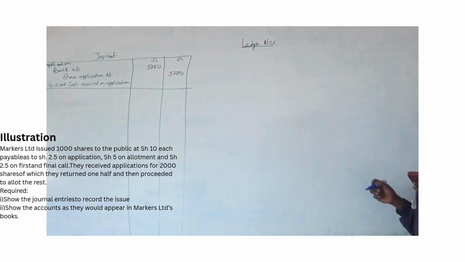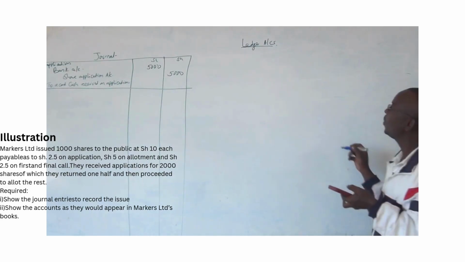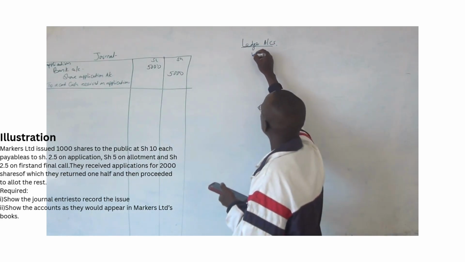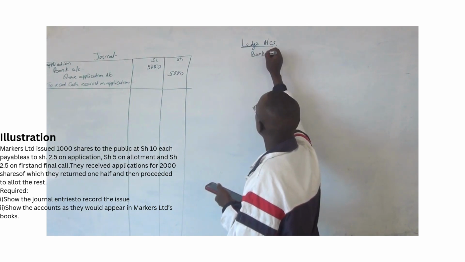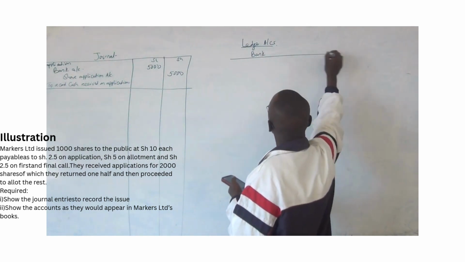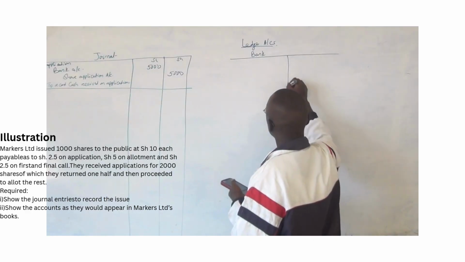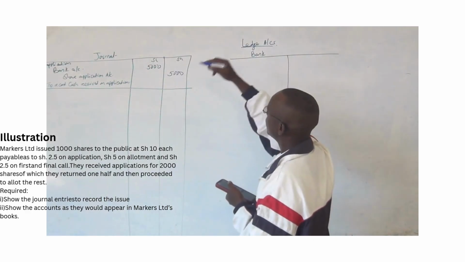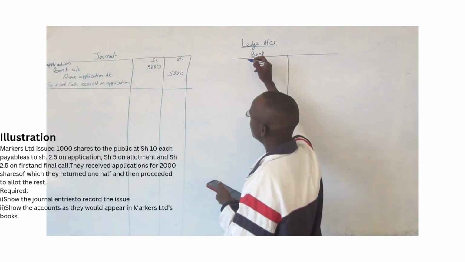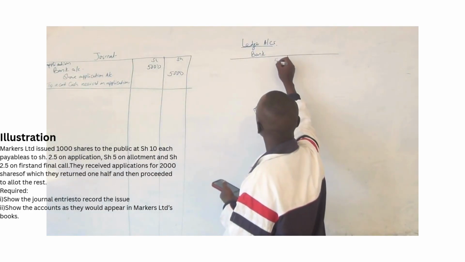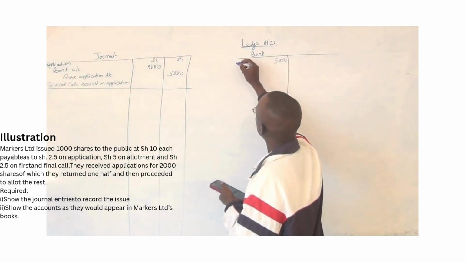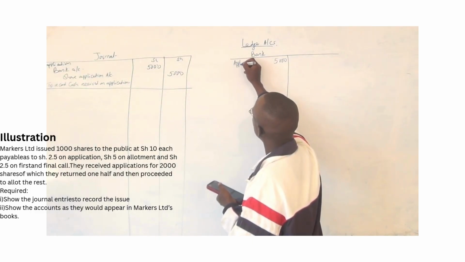Then when you come to the part of ledgers, open our bank account here. So just transfer the amount. This is 5,000. This is application.